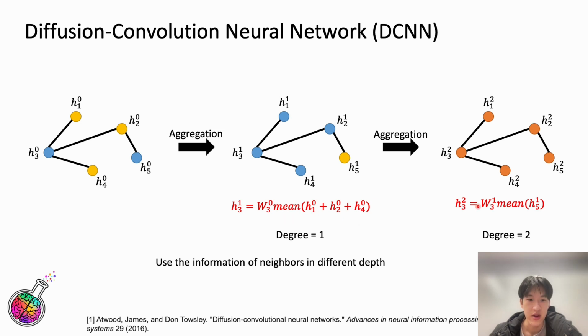And the second, these node features are according to the node degree equals 1. And at layer 2, we do the aggregation based on the nodes whose degree equals 2. So in this way, we use the information of neighbors at different depths.